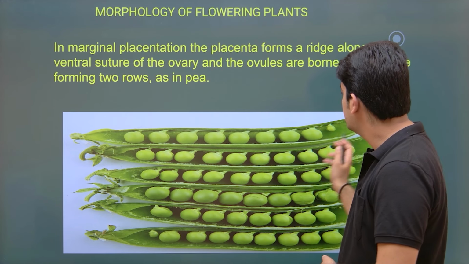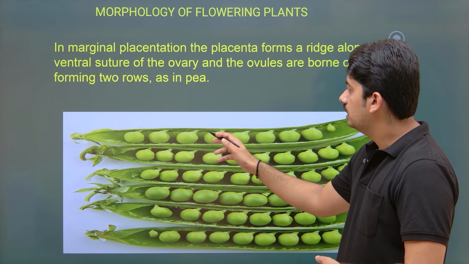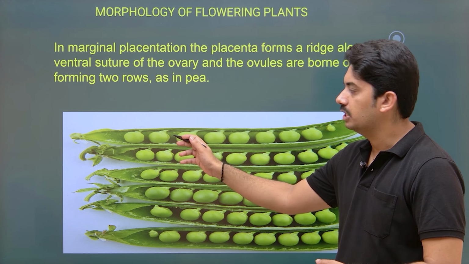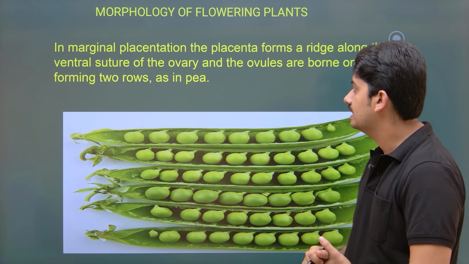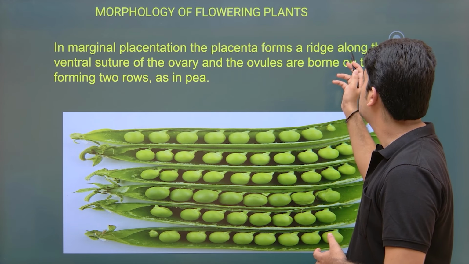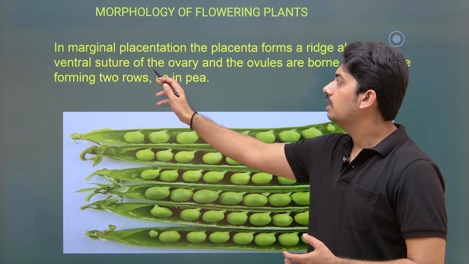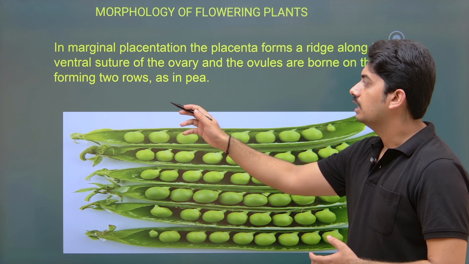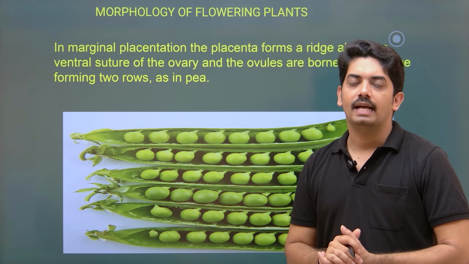Now, this pod is the fruit. In one suture they are arranged, on one margin they are arranged. So, they are called marginal placentation. In marginal placentation, the placenta forms a ridge along the ventral suture of the ovary, and the ovules are borne on the ridge, forming two rows as in the pea.